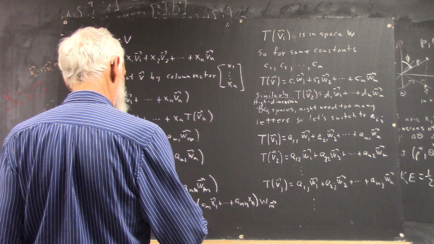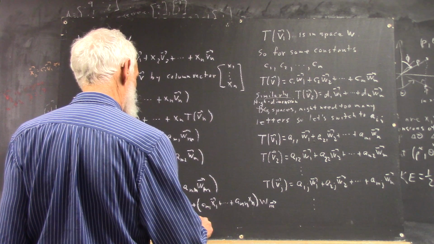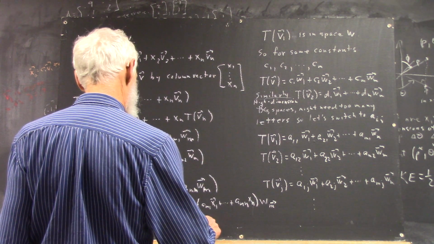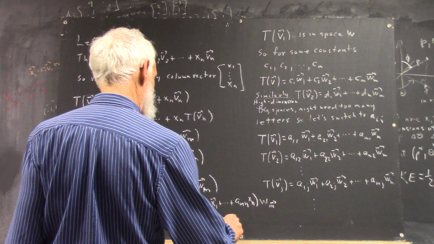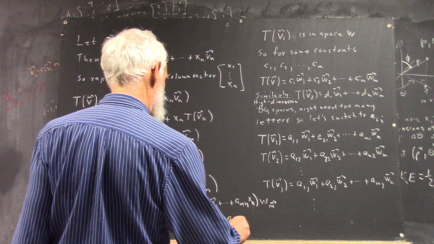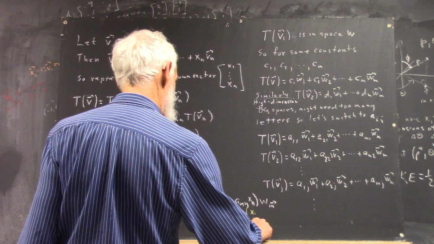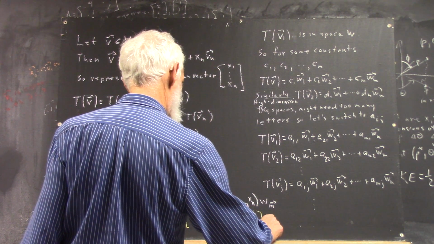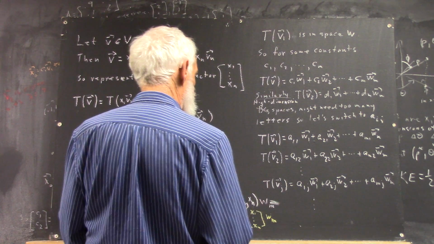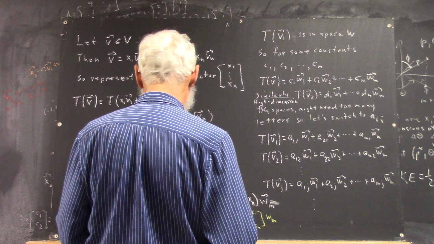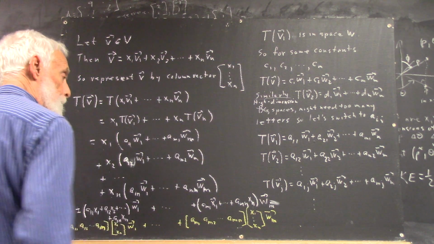And I can write this one out just a little better. I have a little more room. And the last one is AM1, AM2 through AMN, times your WM, and the arrow is supposed to be over the W, not the M. And of course I've got W1 here.